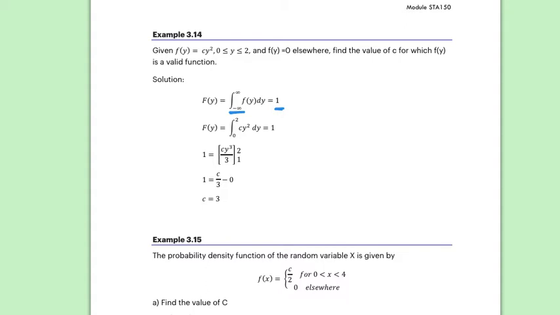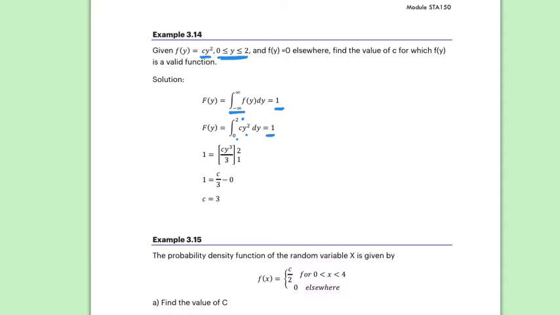The function that we have here is cy squared. So you need to integrate from 0 up to 2, replacing in the properties that we have. The lowest limit is 0, up to 2, and it must equal 1.